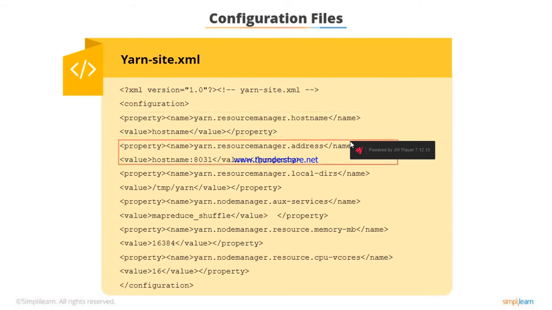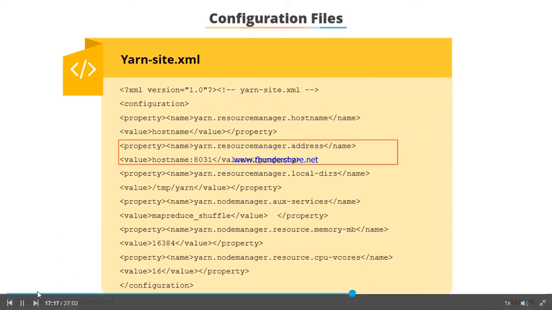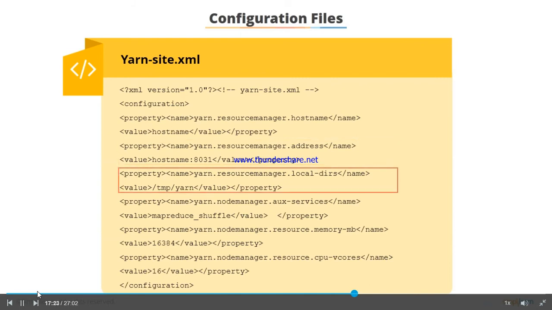And with yarn.resourcemanager.address, you can specify the host name and port as shown on the screen. With the property yarn.nodemanager.local-dirs, you can specify the location of local temporary storage for YARN containers and temporary intermediate data that is written when MapReduce jobs run.